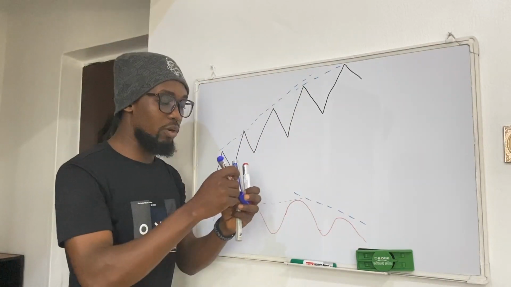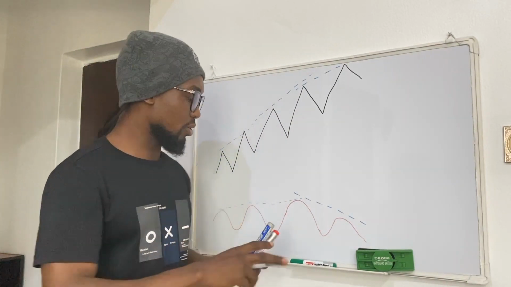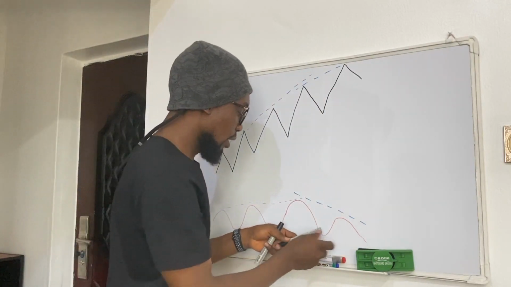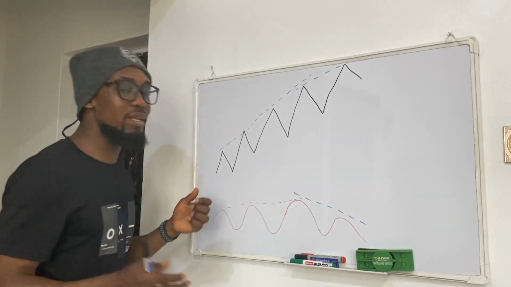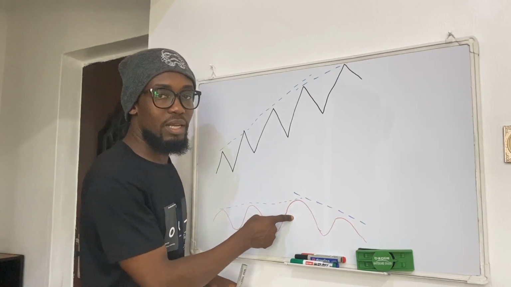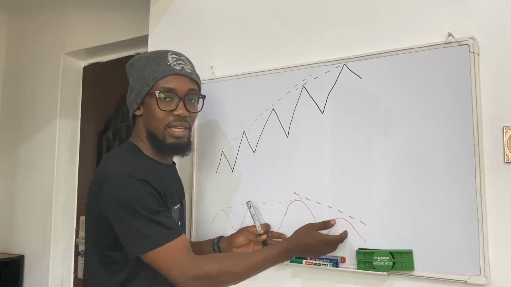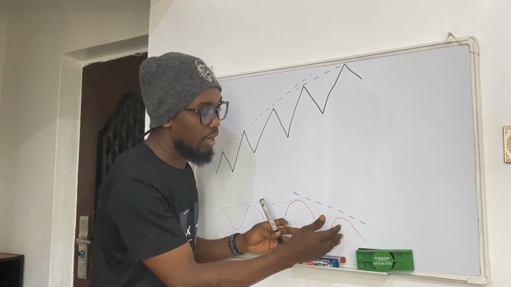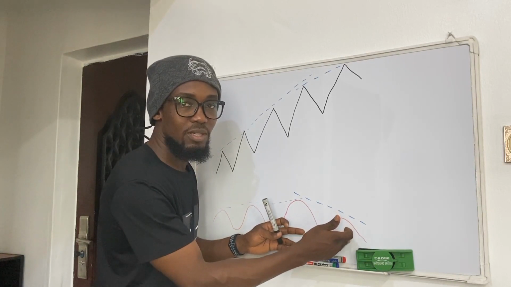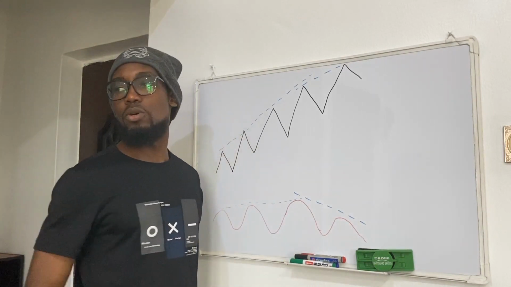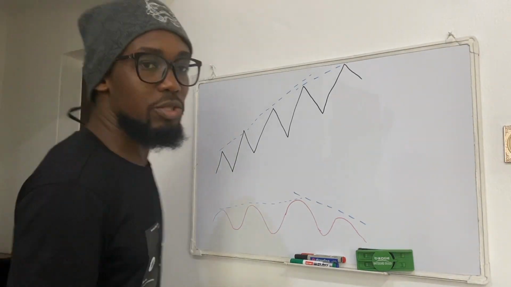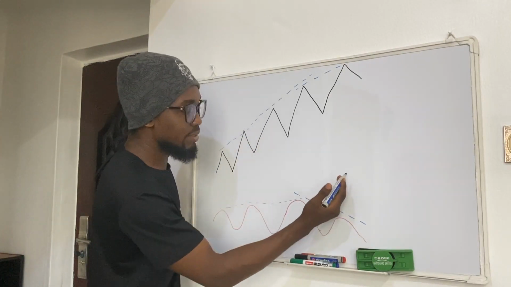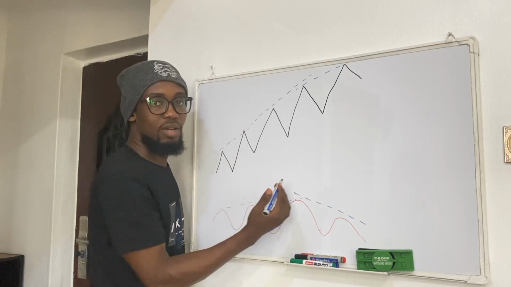Now the question was, why does divergence take place between the oscillator and the price? Let me tell you something. What you have to understand about the oscillator is that it lags, and we already know it lags. But there's something about indicators: they do not take into consideration just one price. They take into account a certain number of prices, like 5 bars or 14 bars.